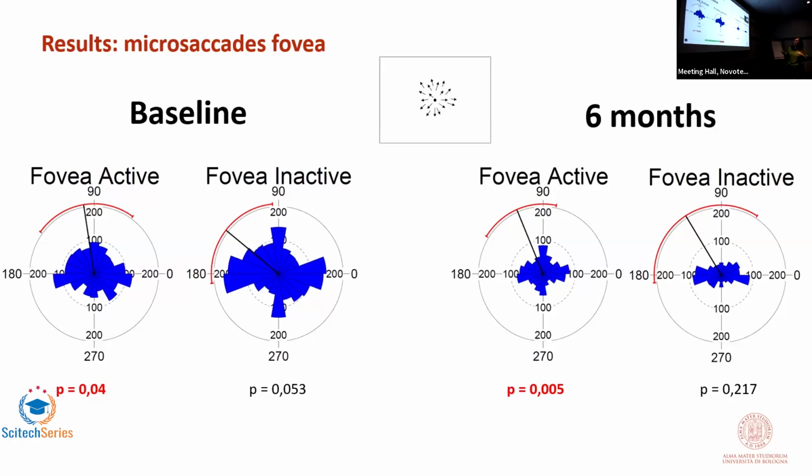So you see a uniform distribution of microsaccades here, while active people had both a uniform and a non-uniform distribution. Same thing after 6 months of training. Fovea active people were significant, so they had a common concrete mean vector for microsaccades, while inactive people did not show any significant value.